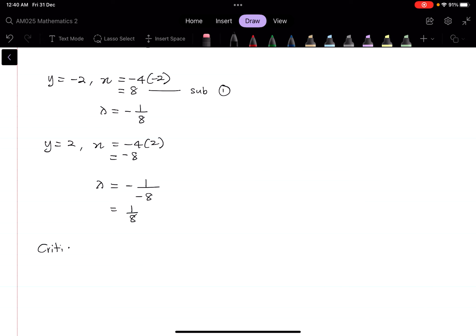Let's write them down first. x is 8, y is negative 2, lambda is negative 1 over 8. So that is our first point. And the second point is x equals negative 8, y equals 2, and lambda equals 1 over 8.